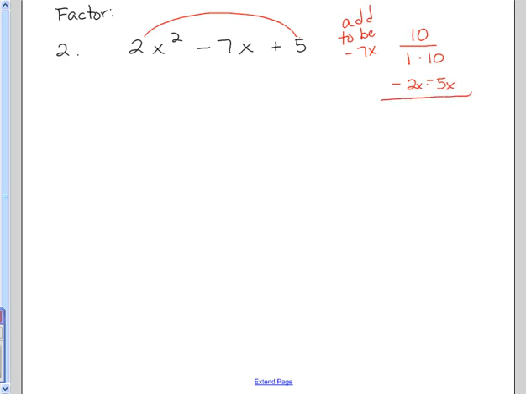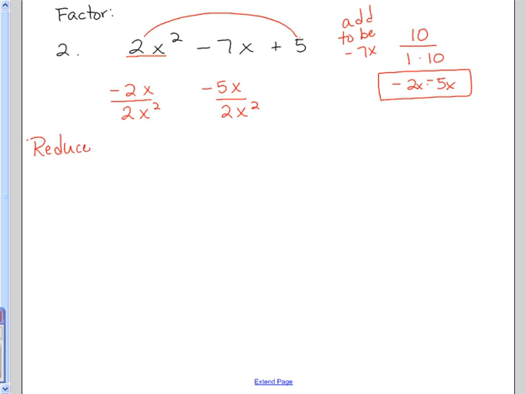So those are the two terms that we will use: negative 2x and negative 5x. Divide each one by the first term in your trinomial. So I divide by 2x squared. Next step is reduce.